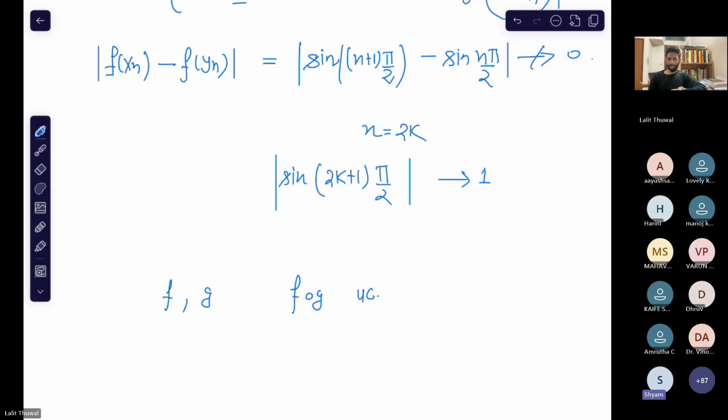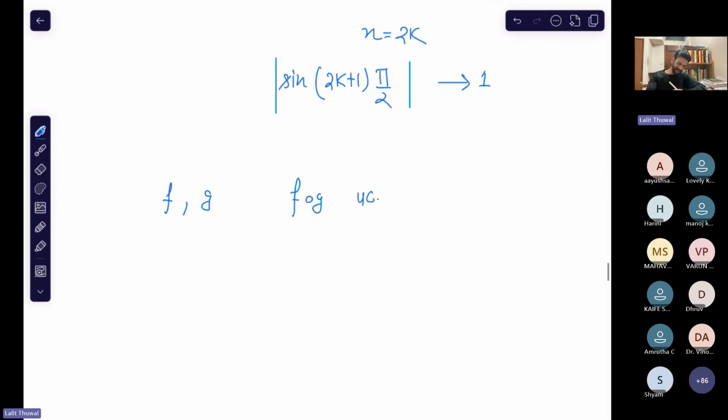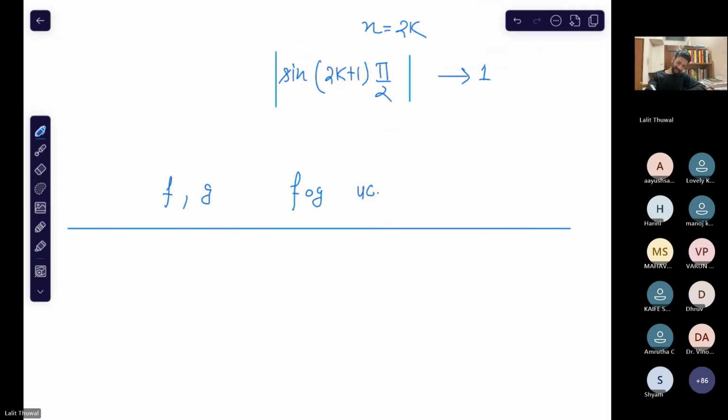Nothing can be said. So they can be continuous, they can be not. So what is your counter example? Take g as 1 at rational and minus 1 at irrational, and similarly take f as minus 1 at rational and 1 at irrational. Good.